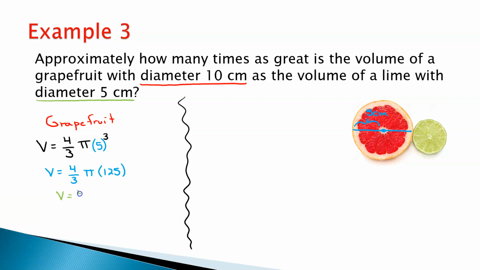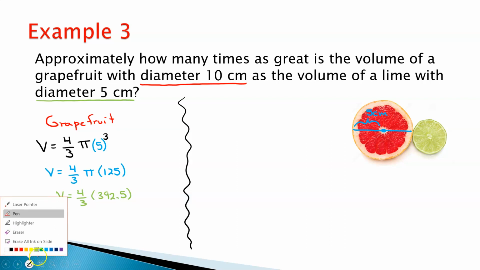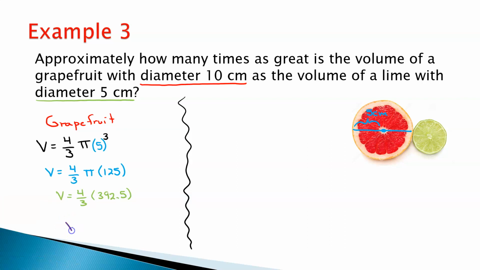Volume is equal to 4/3 times 392.5, and then I'm going to multiply it by 4 and immediately divide by 3 to get the final volume of this grapefruit. So times 4 divided by 3, I get 523.333, and it goes on for a while, so I'll stop right there. So that is the volume of the grapefruit.